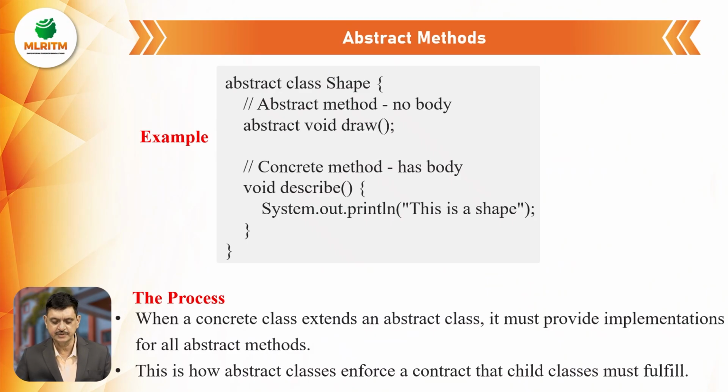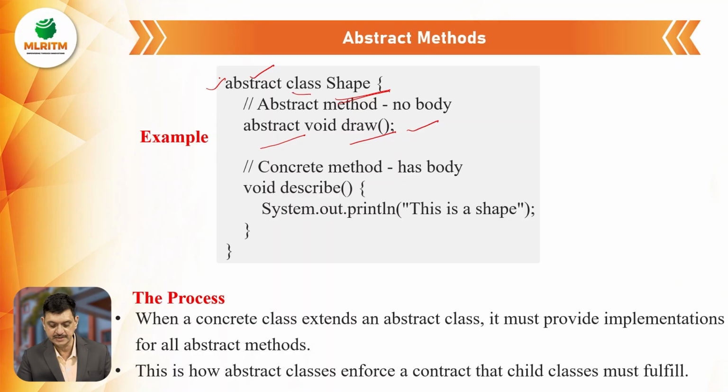For example, we are taking a class created as Shape. The Shape class is declared abstract. It contains one abstract method called draw, which is declared as abstract. So this draw method must be implemented in the subsequent child classes which are created from this abstract class.